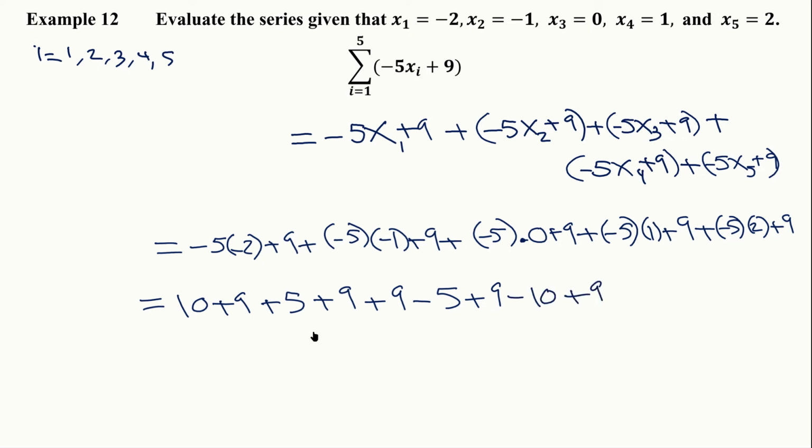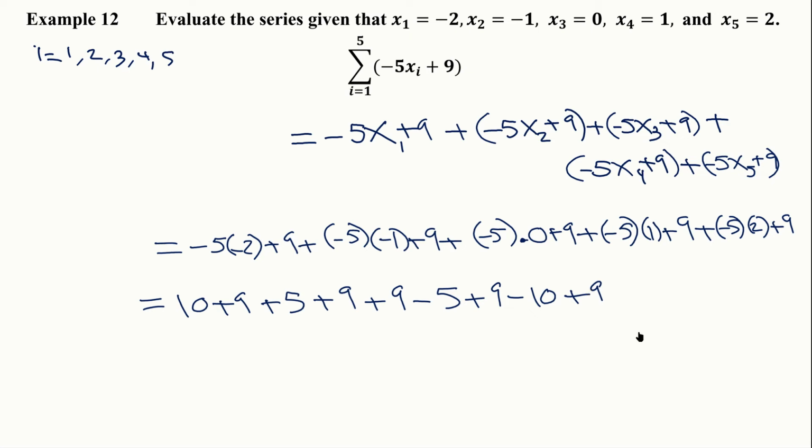Now from these 9s, I think you can see one of the properties that are going to come up later. When you have the sum from i equal 1 to 5 of 9, you see what that's going to be? 1, 2, 3, 4, 5. It's just going to be 9 times 5. You see? So that's going to be one of the rules we're going to learn later.